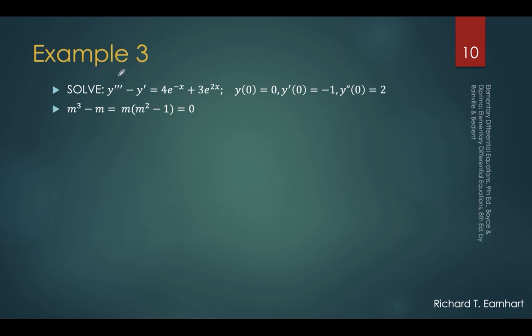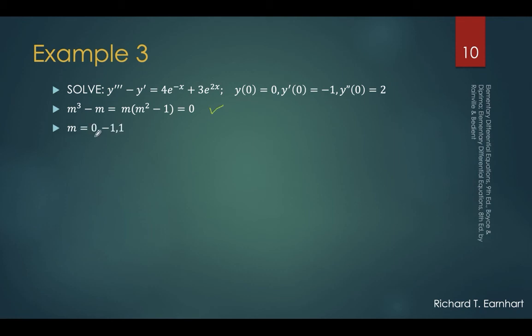We replace D cubed by m cubed, and D by m. So this is your auxiliary equation, and then we'll give you the roots.